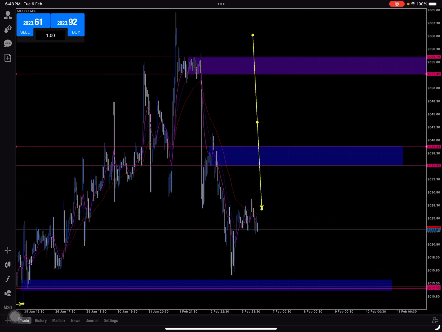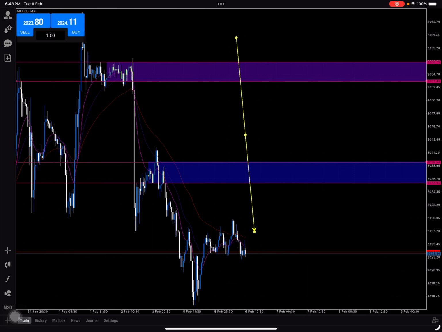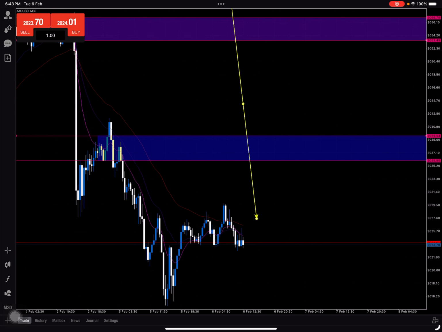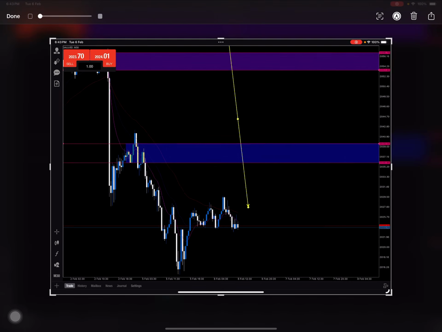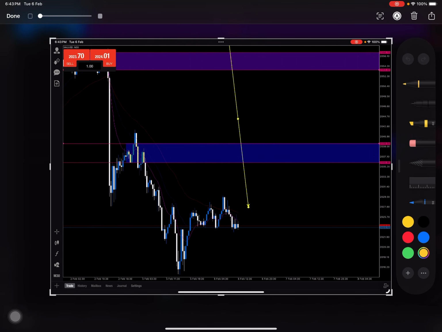So now what can I do further if I want to? During the US session when it opens, I need to monitor which area of the sideway it is in. As you can see, this is a sideway.